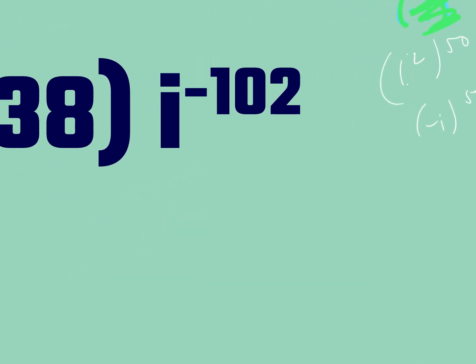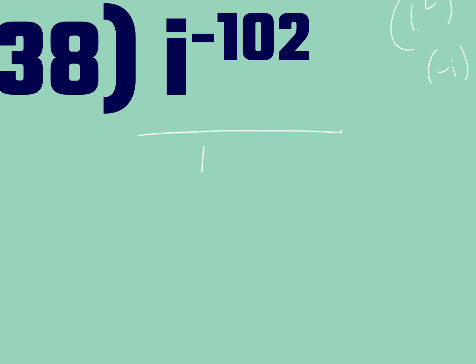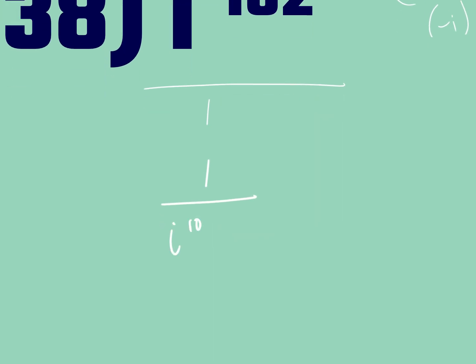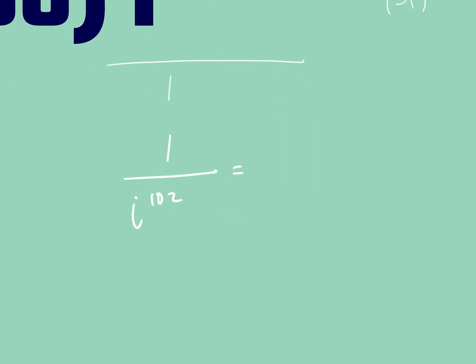Last one, and then Janelle, you can go. I have a negative exponent. Guys, this is a really simple problem. Don't mess it up. How do I rewrite that? 1 over i to the 102. We love the fact that it's already even. So I'm going to rewrite this as i squared, and then I'm going to take my exponent and divide by 2.